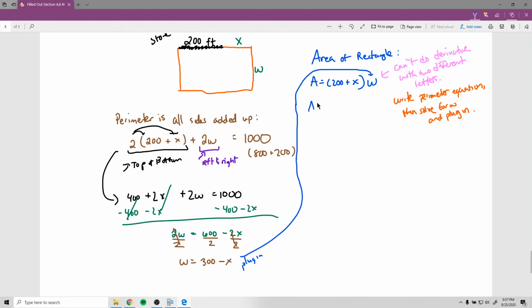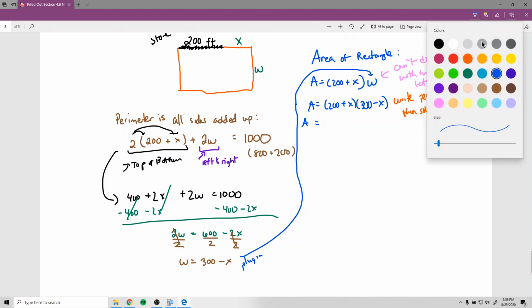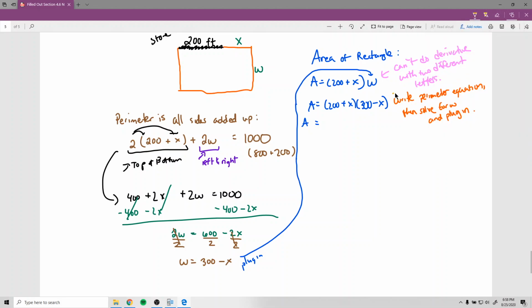All right, so I'm going to go ahead and plug that in. We got 200 plus x, and then the w is 300 minus x. Because we're doing the derivative of this, even though we know we could just use the product rule here, I'm going to distribute, FOIL it out, and simplify like I always do.